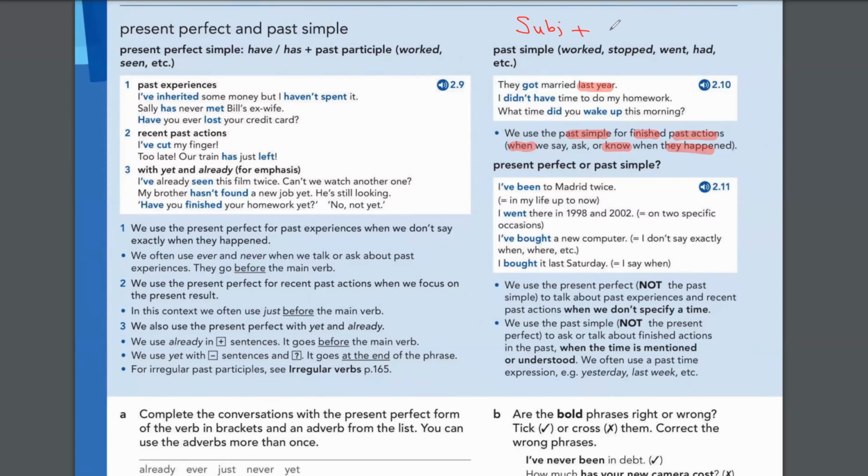We use past simple form, which is verb 2. But if I want to make negative, obviously I should say didn't, and then infinitive, yeah? That is the negative form. If I want to make a question, I must use did before the subject, right?